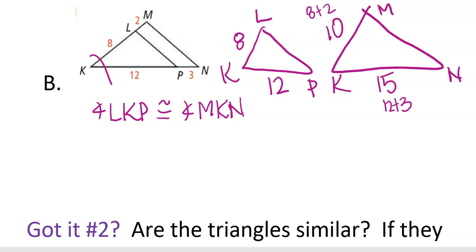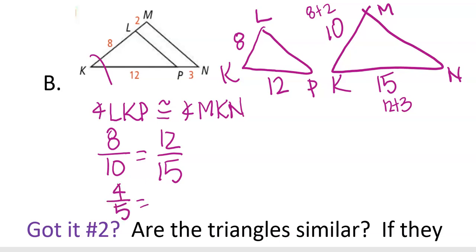Then I have to show the proportional part. So I'm going to say 8 over 10, one from the left triangle, one from the right triangle, and then 12 to 15. If those two simplify down to the same number, we're good. So divide by 2 on the one on the left. Divide by, let's see, 3 on the one on the right.